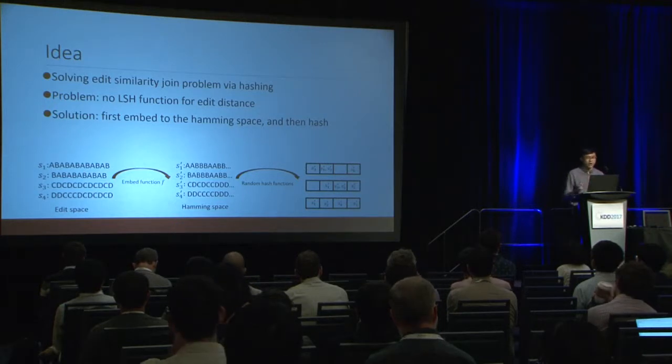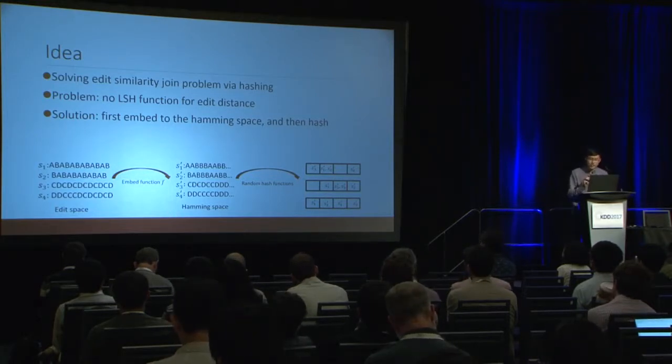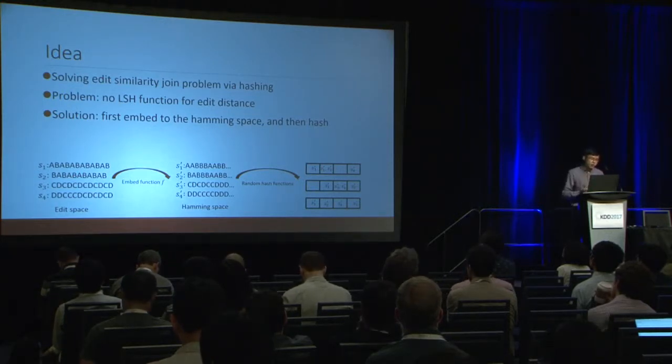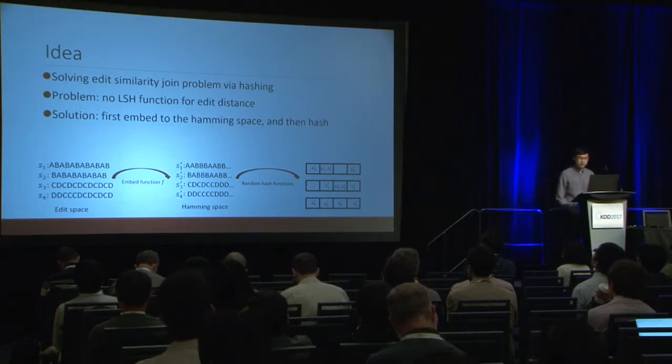It's not network embedding or topic embedding. So it's a different term. After embedding to Hamming distance, we use the LSH in Hamming distance. During the embedding, we want the pairs with small edit distance to also have small Hamming distance after the embedding, and pairs with large edit distance to have large Hamming distance after the embedding.